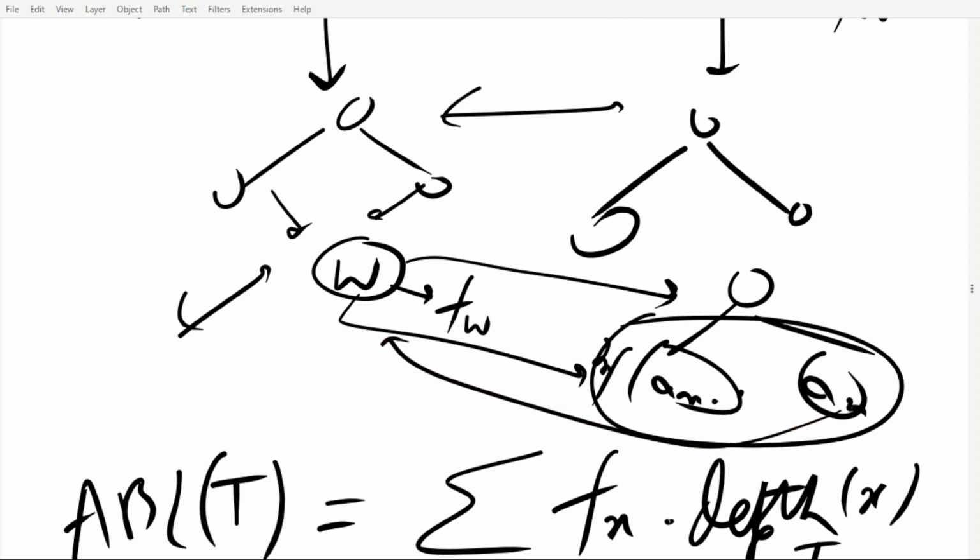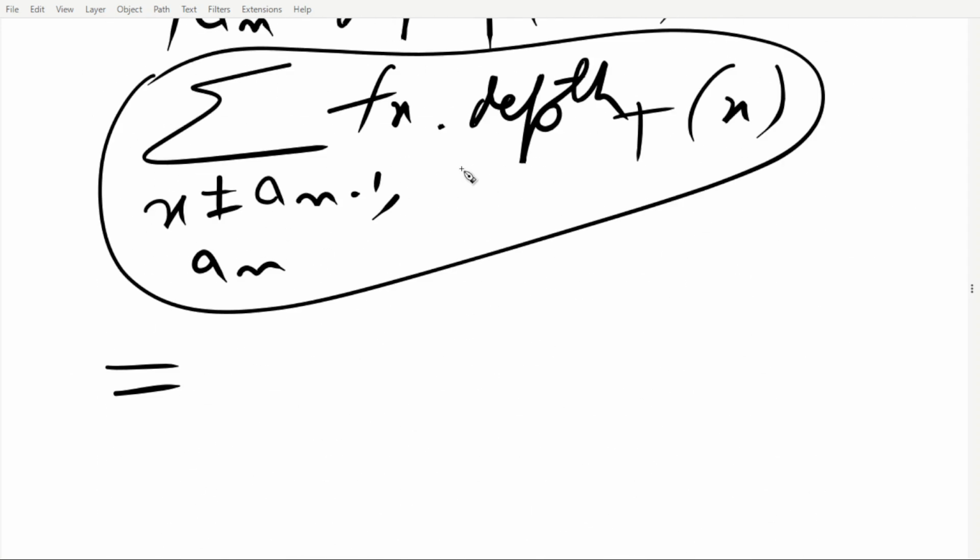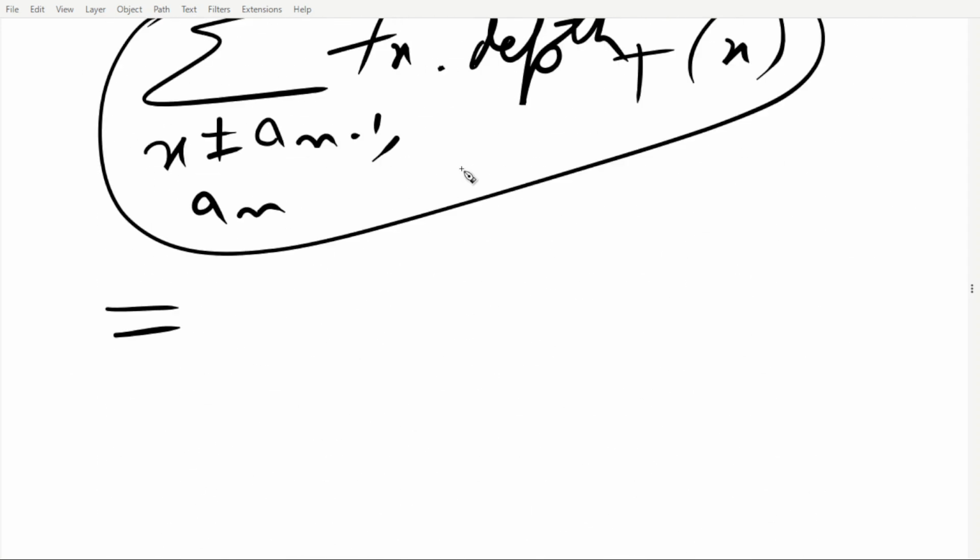So we get a simple observation that depth of an minus 1 as well as an, they are one more than depth of w. So their depth is depth of w plus 1. So very simple observation we make and simplify our expression as we are converting to the expression of t prime, average bit length.